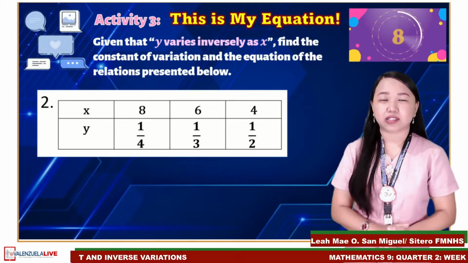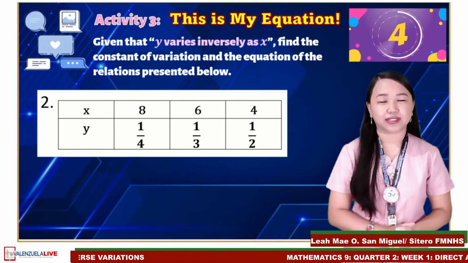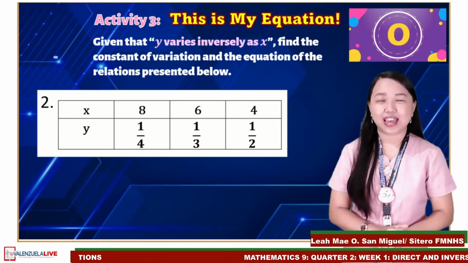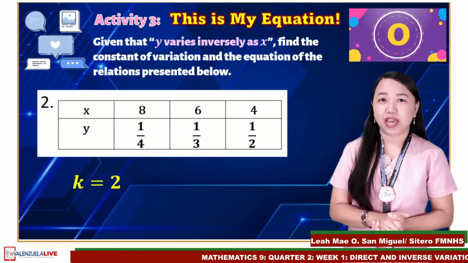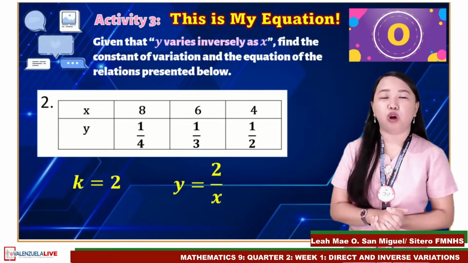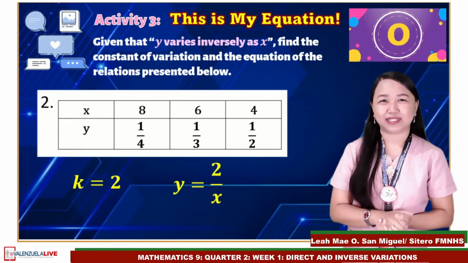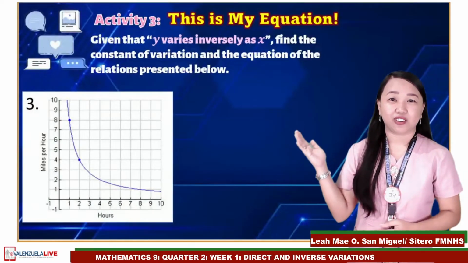Multiply x and y to get the value of the constant of variation. Time's up! If you answered k is equal to 2 and y is equal to 2 over x, then you're right! Awesome! The last given is a graph.